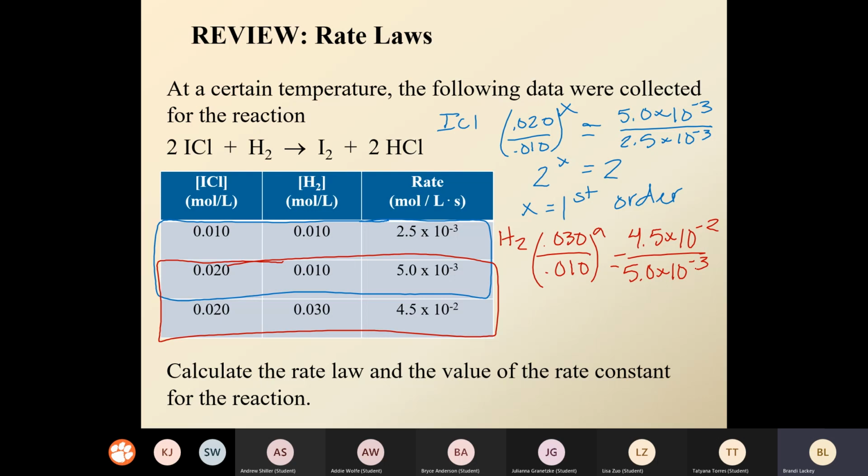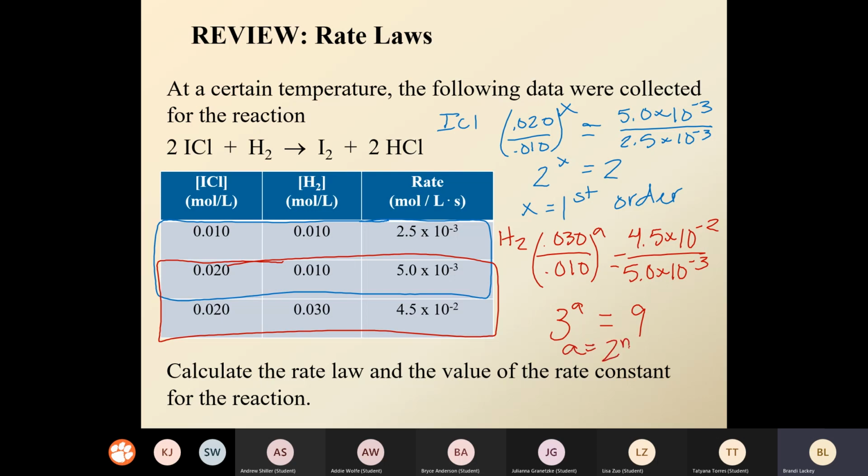Whenever you do that, 0.03 divided by 0.01 is 3. 4.5 times 10 to the negative second divided by 5.0 times 10 to the negative third is 9. So 3 to the second power, 3 squared, is going to be 9. So that exponent is squared.